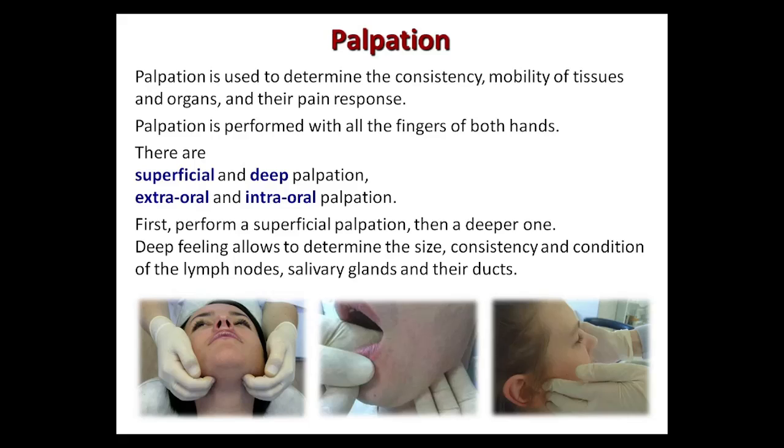There may be superficial and deep palpation, and also extraoral and intraoral palpation. First perform a superficial palpation, then a deeper one. Deep palpation allows us to determine the size, consistency, and condition of lymph nodes, salivary glands, and their ducts.